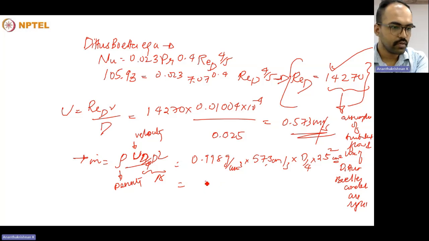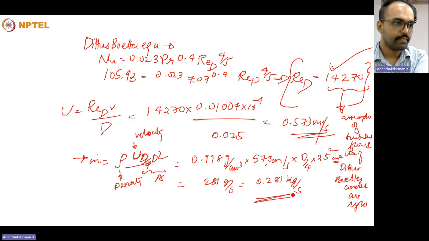So that is equal to 281 gram per second, which is 0.281 kilogram per second.